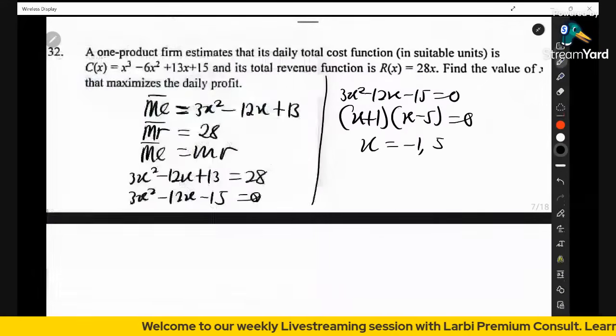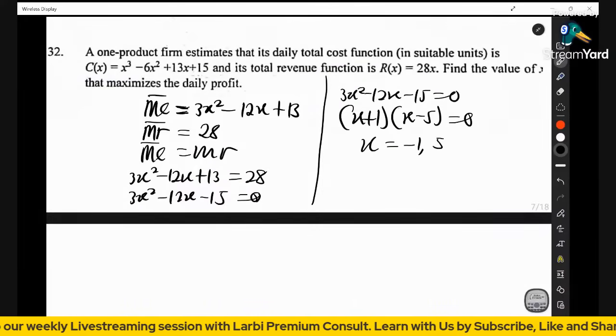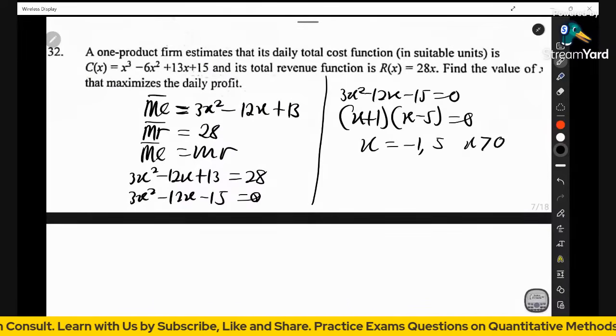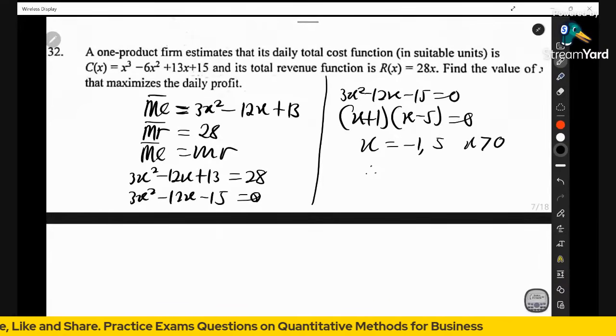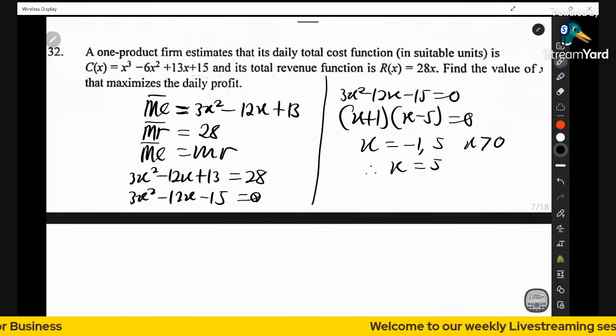But since we are asked to find just one value, and since s is greater than 0, the level that will maximize daily profit should be s equal to 5. And that should be the point that we should know at the end of the day.